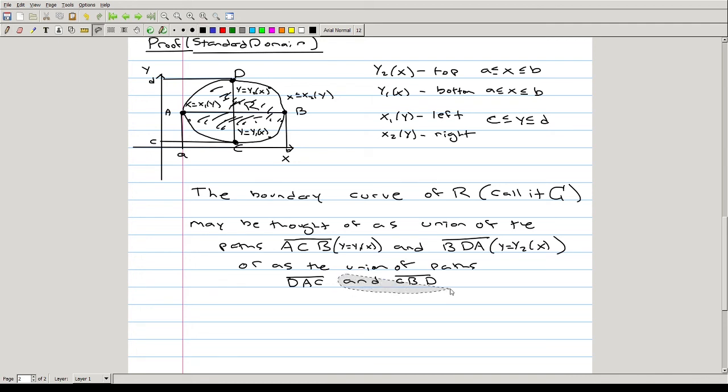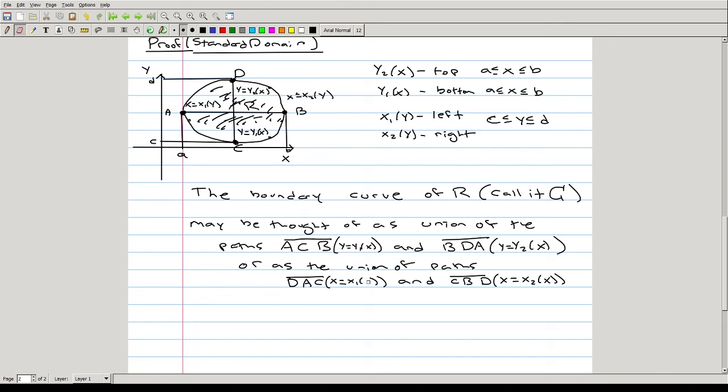And likewise, the path DAC is the path x is equal to x1 of y, but traversed in this direction right here, so from D to C. And CBD is the path from here to here, which is the path along the curve x equals x2 of y.